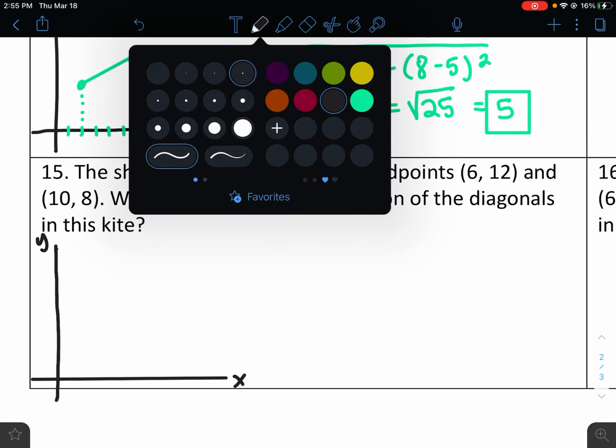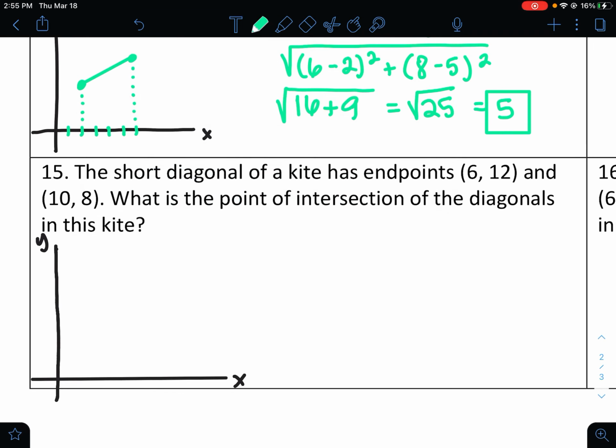All right, and we have 6, 12, and 10, 8. Sorry, have brain fart. I don't really need to be this precise. I'm just being a little extra. Okay, and then 10, 8.